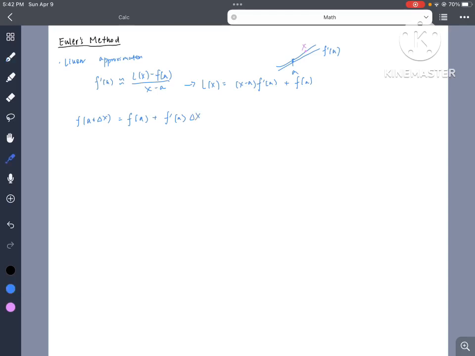It looks really similar to the linear approximation method, except that now we are using delta x. So instead of just directly approximating the value, we can use different subintervals, so it's more accurate.